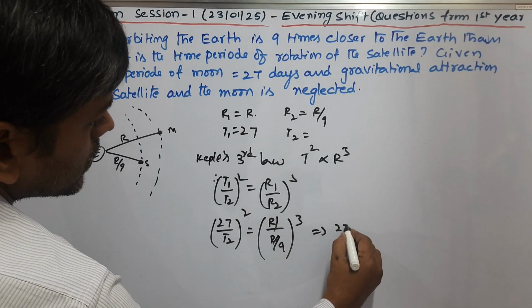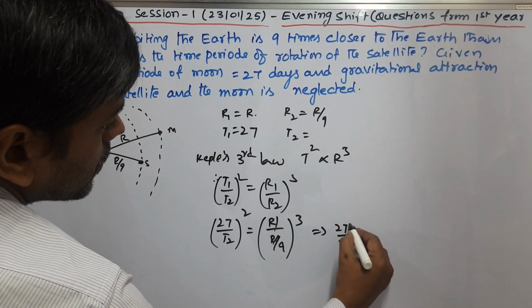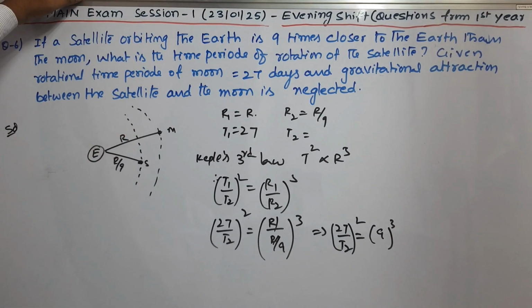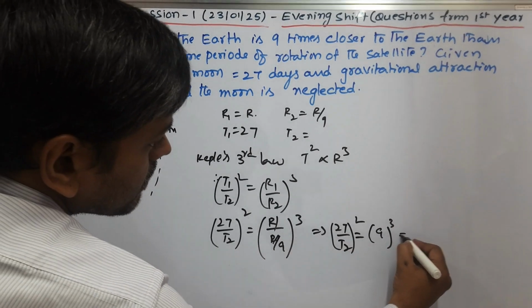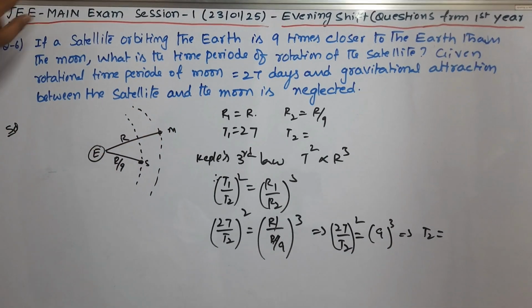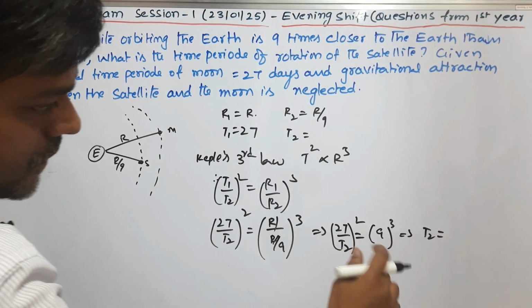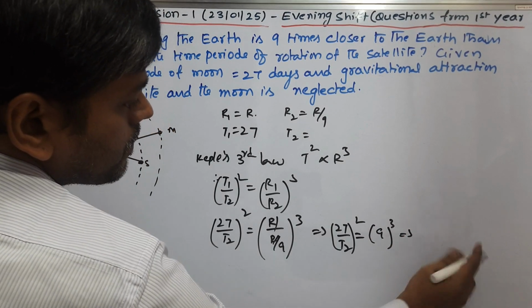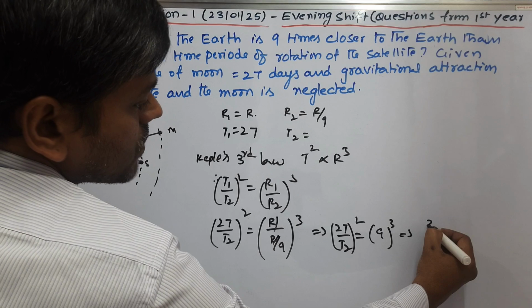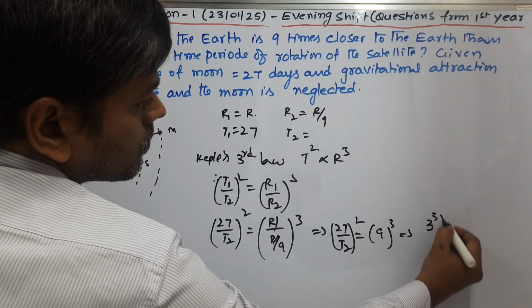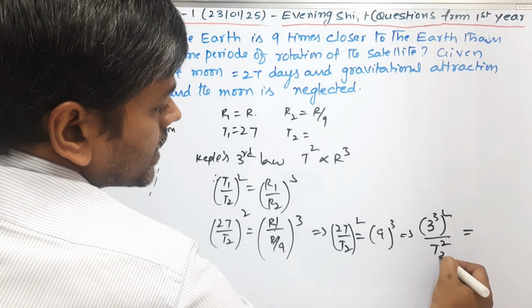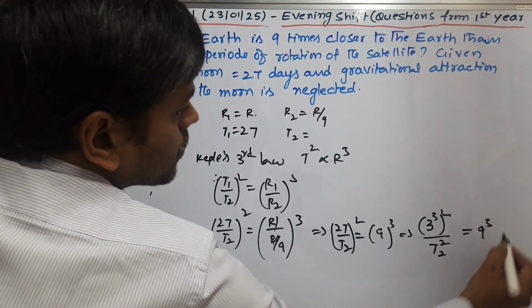That implies (27/T2)^2 is equal to 9^3. We can write 27 as 3 cube, so (3^3)^2 by T2 square is equal to 9 cube.